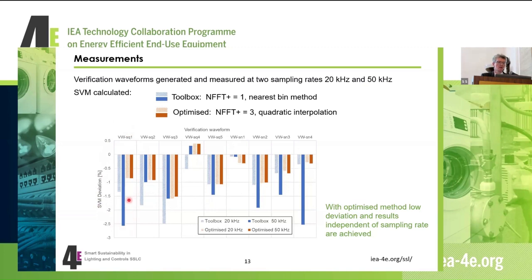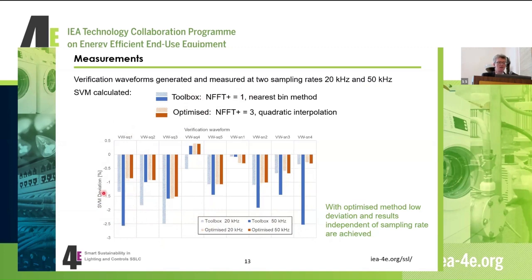So if you measure that, I have the 2 different sampling rates, 20 and 50. The fully colored ones are the 50 kilohertz. And you can see using the toolbox with zero padding only 1 time, you'll get more than 2.5% error on this one.